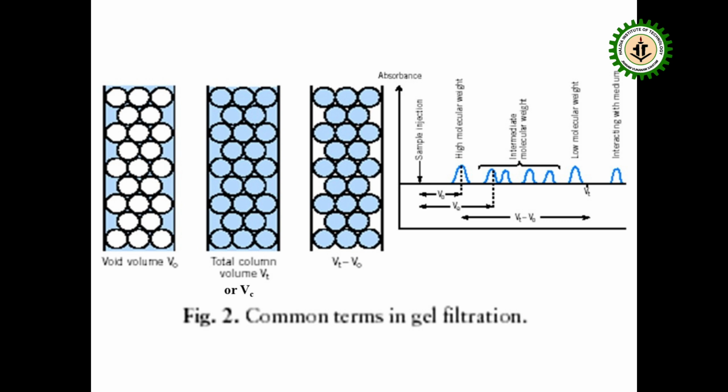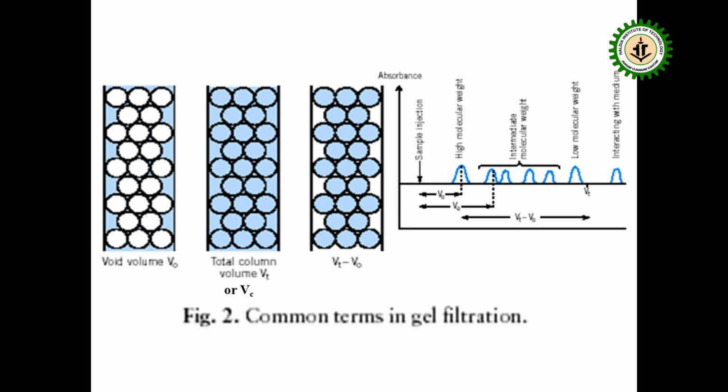Then VE, the species included within the column, within the internal, stationary phase, will be eluted at different times. The smaller the particles, the smaller the proteins, the slower their elution will be.